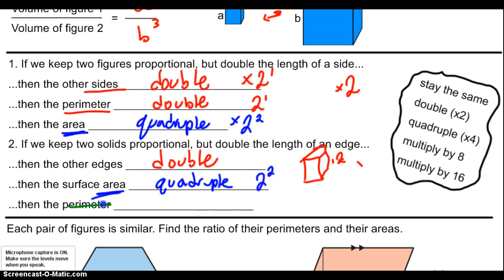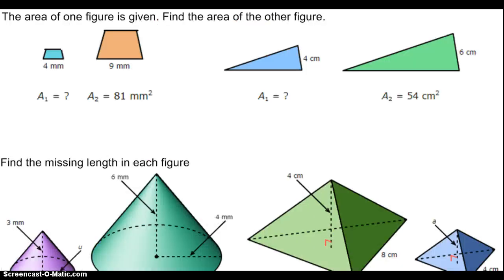And this last one should say volume. The volume will multiply by 8 because it is now 2 cubed. Right? So the important thing to learn here is that length goes up normally. Area squares. Volume cubes. Now what does this actually mean for comparing two similar shapes? We'll flip to the back side and we'll talk about it.